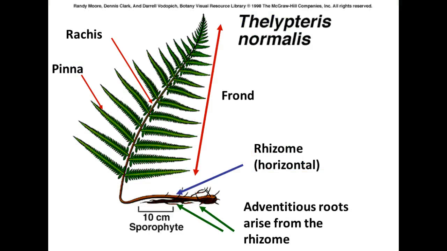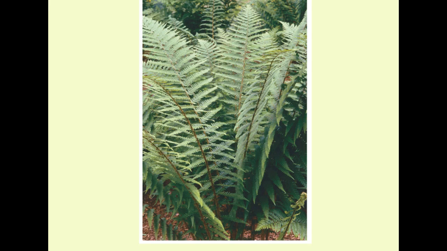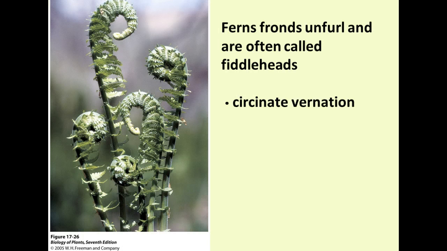If we look at the frond structure, what we have is a central rachis, and then we have pinnae coming off the side. Here's the rhizome, and adventitious roots coming off. So here's a frond with pinnae. And a lot of them, when they grow, have fiddleheads. And some species, you can eat the fiddleheads.